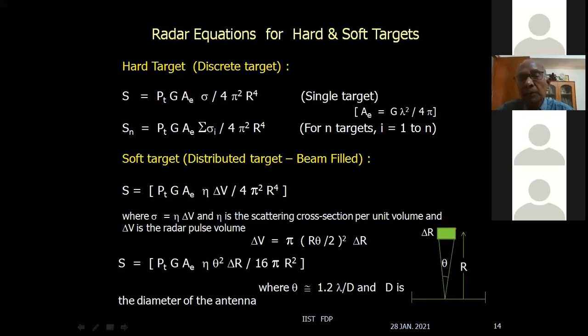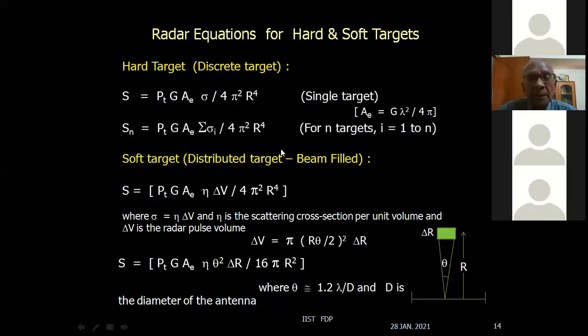It keeps on filling the whole volume. So that is a distributed target. So the target includes all the reflectors or the scattering targets. In the atmospheric case, it is the turbulent scatterers within that volume.